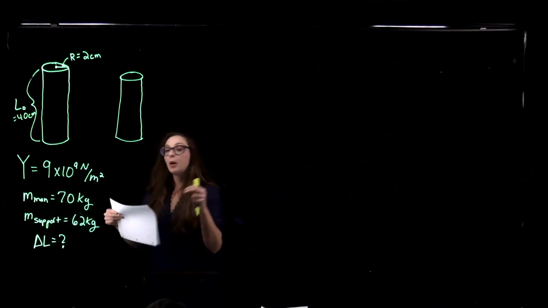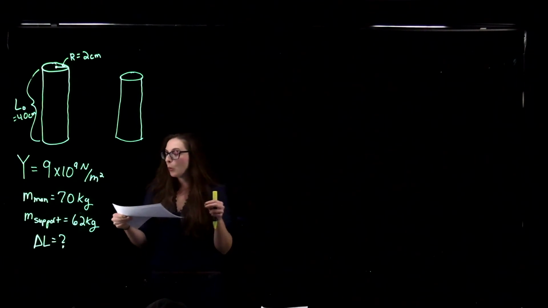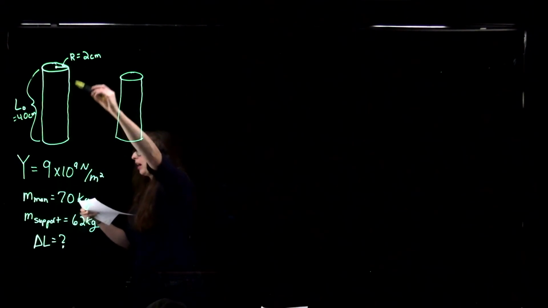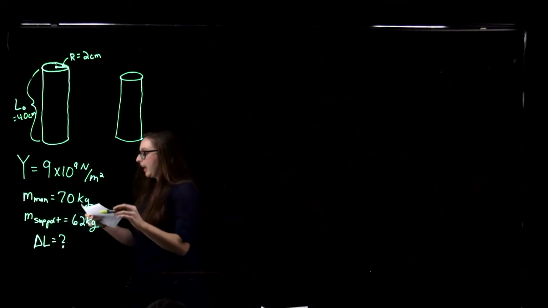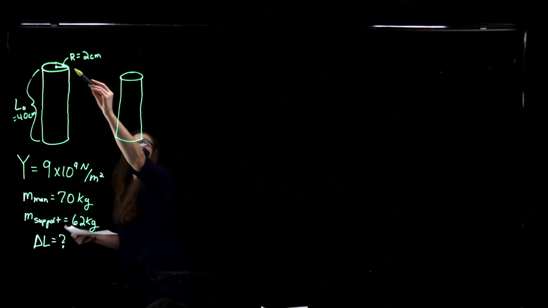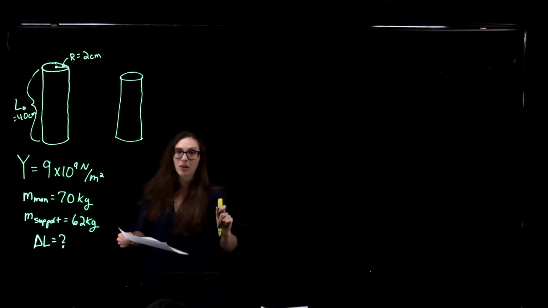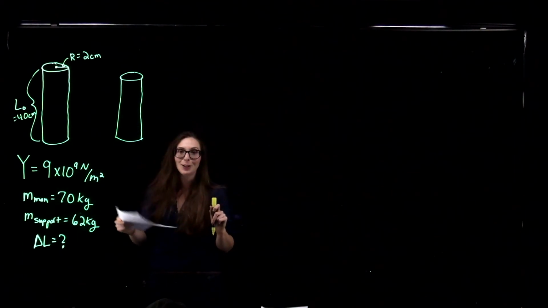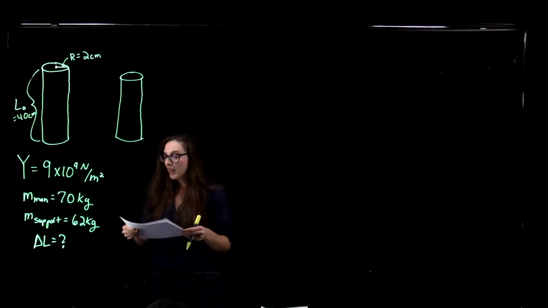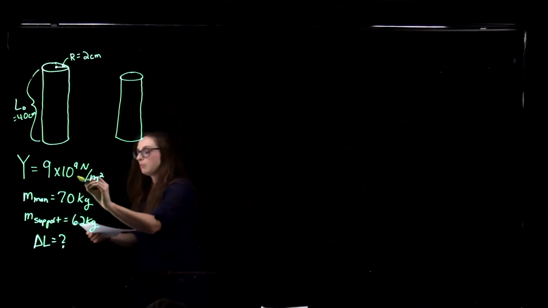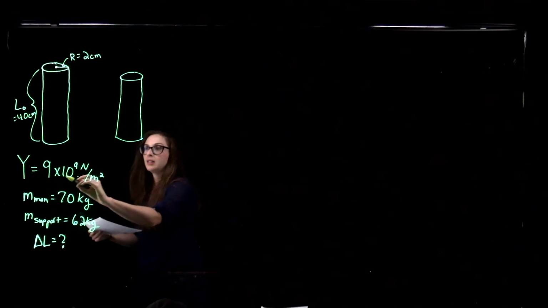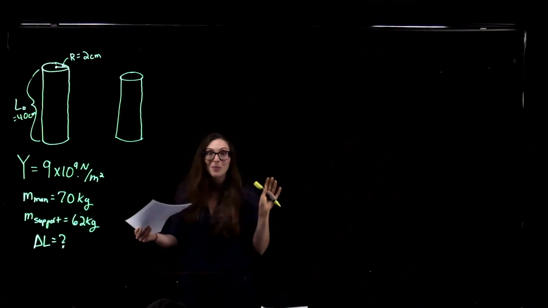We're going to assume the bone to be equivalent to a uniform rod that is 40 centimeters long and has a radius of 2 centimeters. So this rod is basically a cylinder. And then we're told the compression value for Young's modulus for the bone, and that's 9 times 10 to the 9 Newton per meter squared.